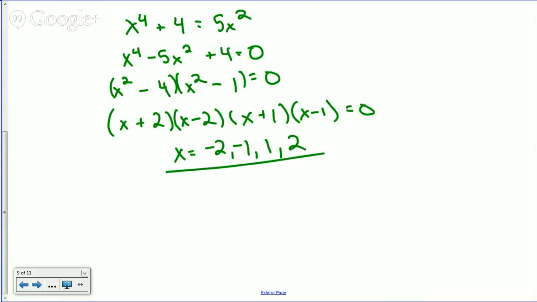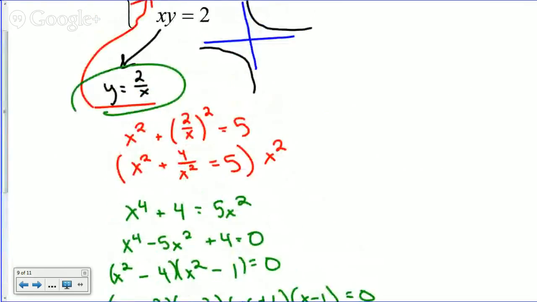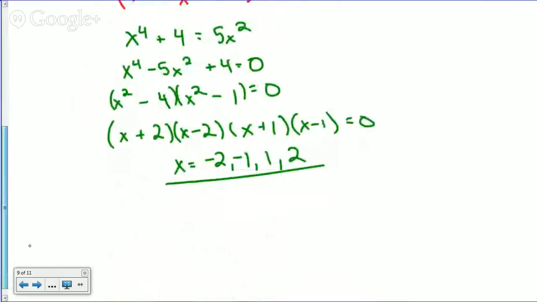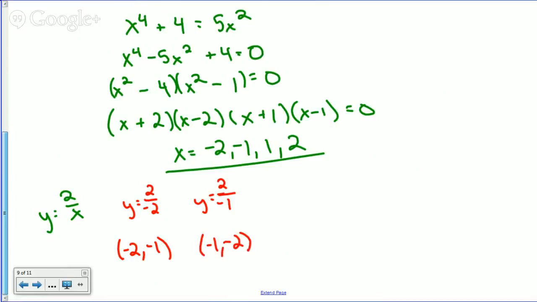We've got 4 possibilities here. Now, to go find y, we got y equals 2 over x. So we're going to bring that down to figure out my other ones. So I have y equals 2 over negative 2. So that's negative 2 over 2, so y is minus 1. We have y equals 2 over negative 1. So negative 1 comma negative 2. Y equals 2 over 1, which is 2.